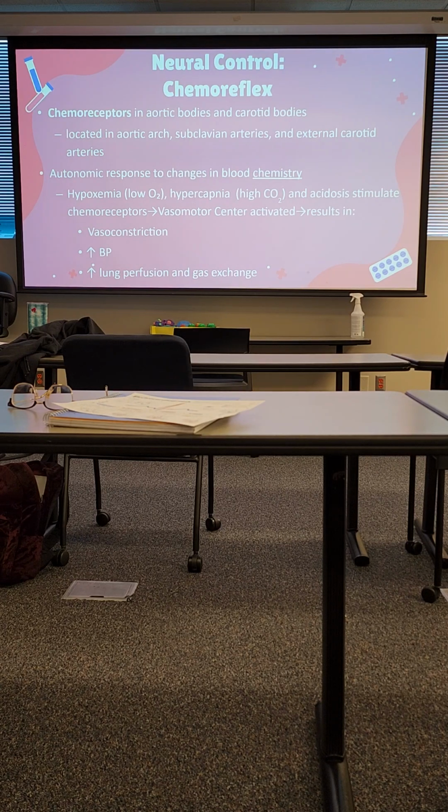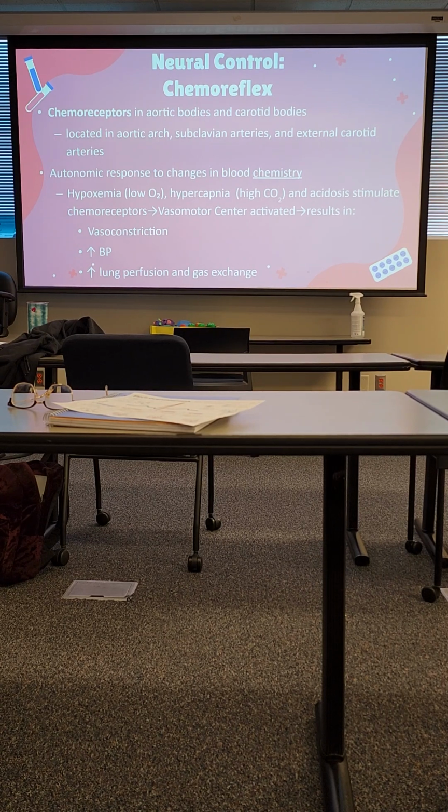If we increase our blood pressure, we push more blood to the lungs to allow for gas exchange. So more blood going to the lungs means more oxygen is being taken in and more carbon dioxide is being pushed out of our body. So chemoreflex occurs with hypoxemia, low oxygen, and hypercapnia, high carbon dioxide.